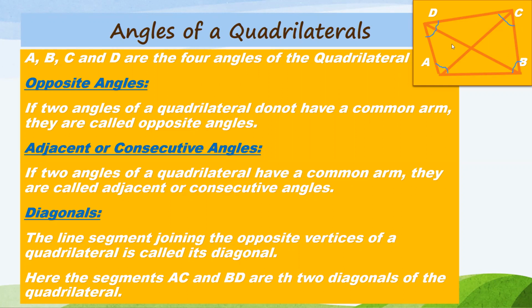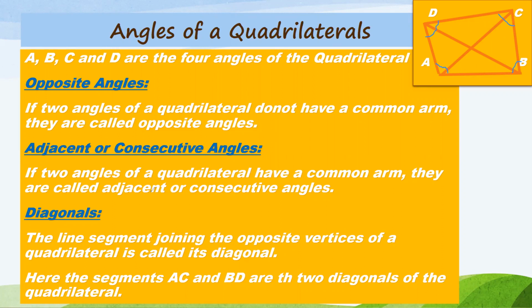So they are sharing the common arm. So these two angles are adjacent angles. In the same way, angle B and angle C are adjacent angles. Angle C and angle D are adjacent angles. And angle D and angle A are adjacent or consecutive angles.